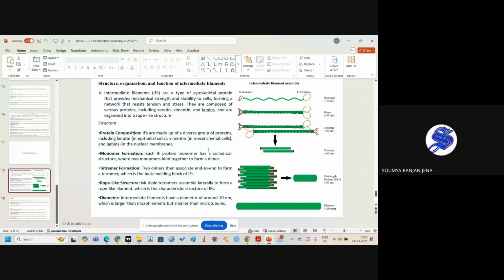If we go to the structure of these intermediate filaments, these are a type of cytoskeletal protein that provides mechanical strength and stability to cells, forming a network that resists tension and stress. This is very important: the intermediate filament is formed like a rope.